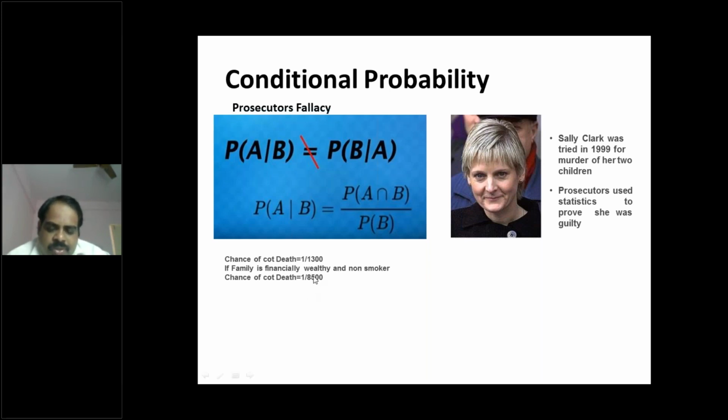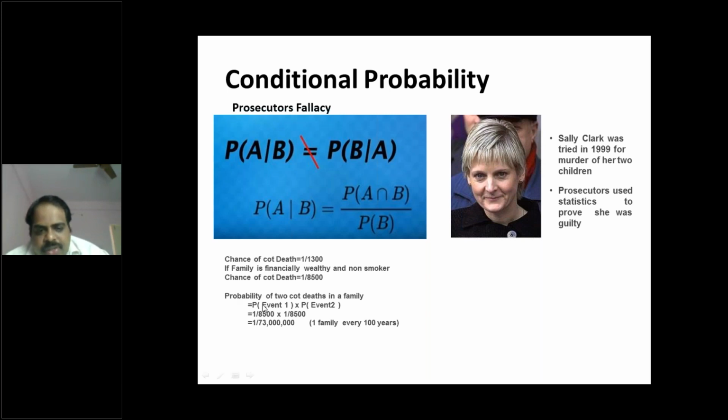So there was a conditional probability over here. When her second baby also died, they used conditional probability to calculate the overall probability of a parent losing two children to an unknown cause.